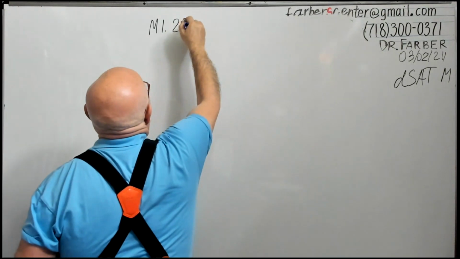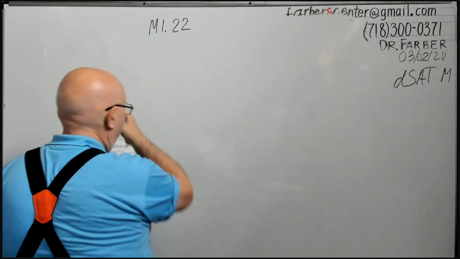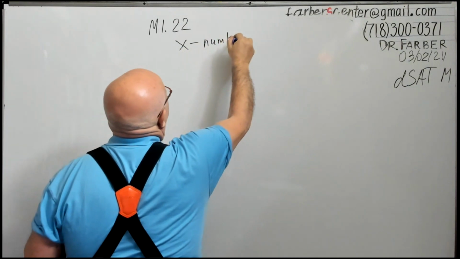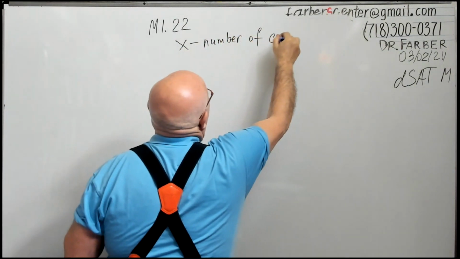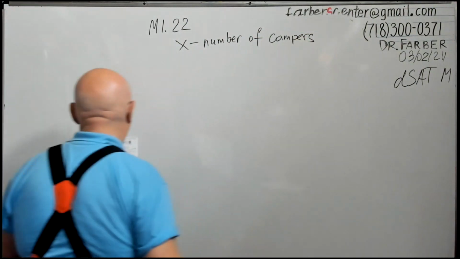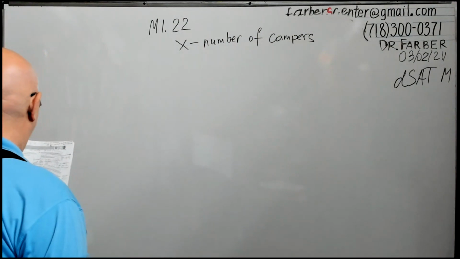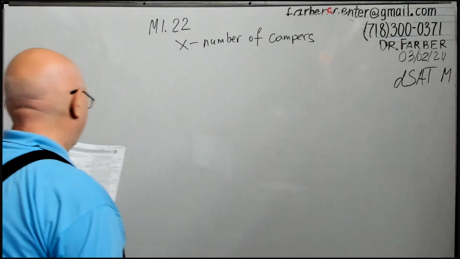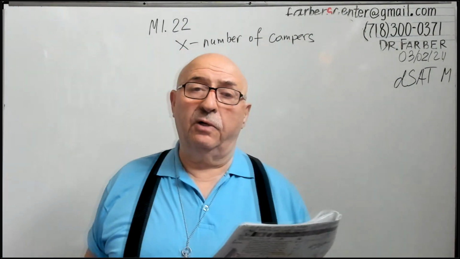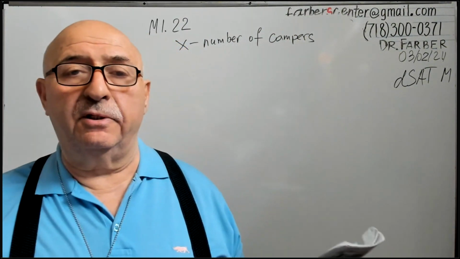What do we know? Read line by line. Let's say X is the number of campers. Now, what else do you know? 60 cookies. Students, keep in mind that when you read any question or problem, try to decode any word, like 60, normal 60, digital 60.